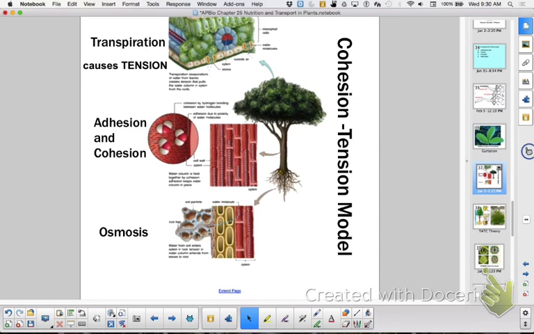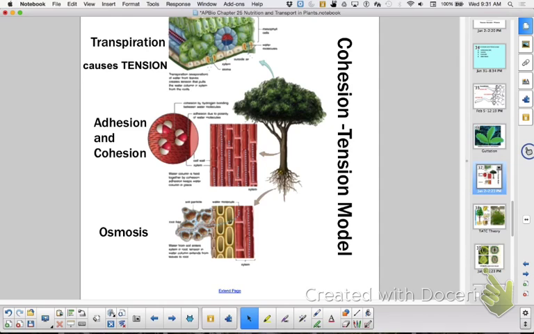And when a bunch of water molecules are hooked together, what's the word we're looking for? Cohesion, okay? So when one water molecule evaporates, it pulls on the next water molecule, which pulls on the next water molecule. Well, this would be a really long chain of water molecules, and you would tend to have breaks and gaps in it. But what holds all the water molecules up is that the xylem walls are a polar surface, so the water can attach to it, and when the water attaches to the side, that's called what?